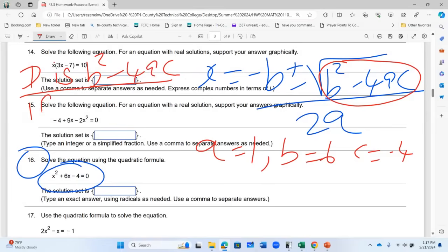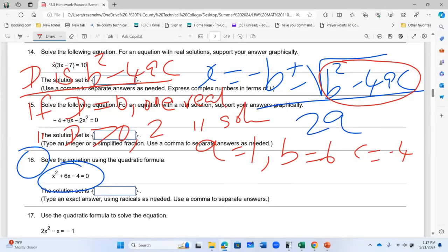If D is equal to 0, you have one real solution, which means the quadratic function has one real solution. If D is greater than 0, you have two real solutions. In other words, the parabola cuts the x-axis in two places. Here, the parabola cuts the x-axis in one place.